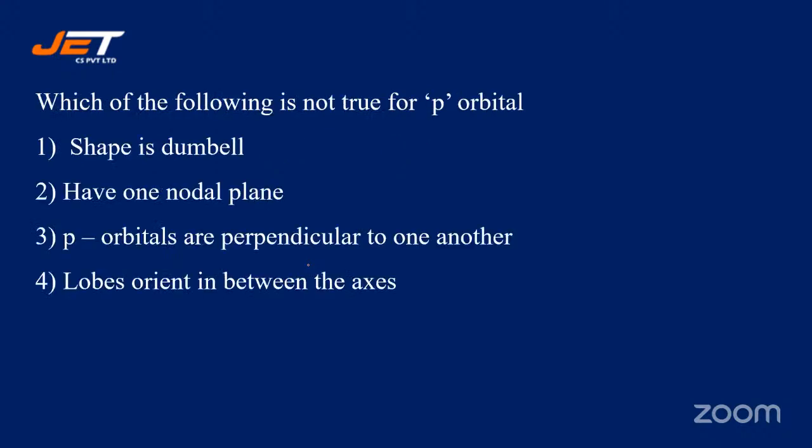Next question. Which of the following is not true for p orbital? And your options are number 1, shape is dumbbell. Option number 2, have one nodal plane. Option number 3, p orbitals are perpendicular to each other. Or is it option number 4, lobes orient in between the axes?